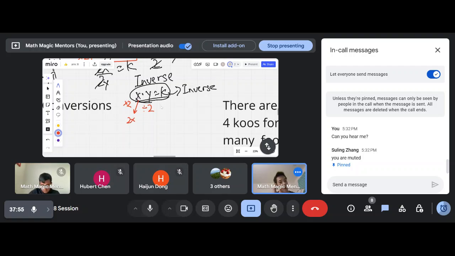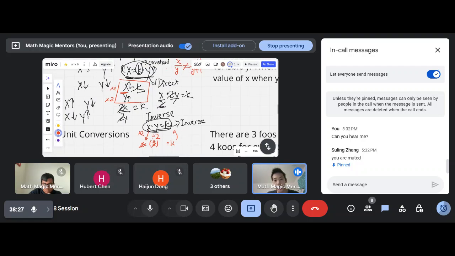But we can see that in order to preserve this relationship between x and y, we must divide y by 2. So y will become y over 2. And as you can see, we can just cancel out the constant that we scaled it by to get xy equals k, which is basically what we had at the start.